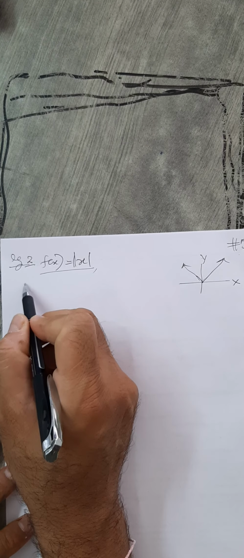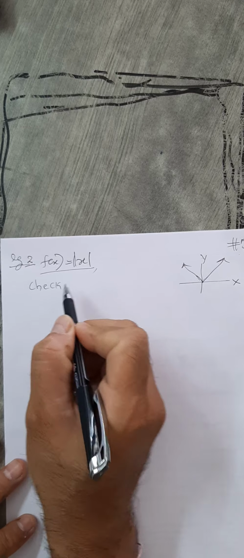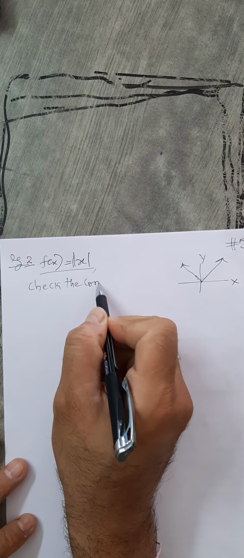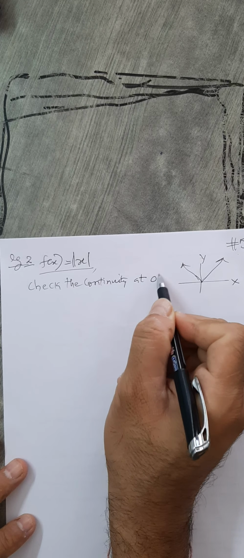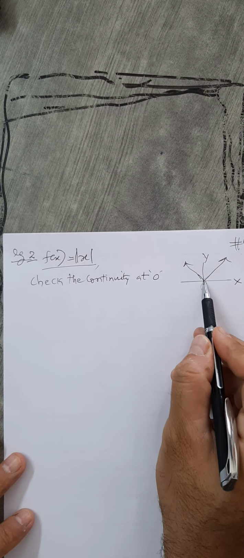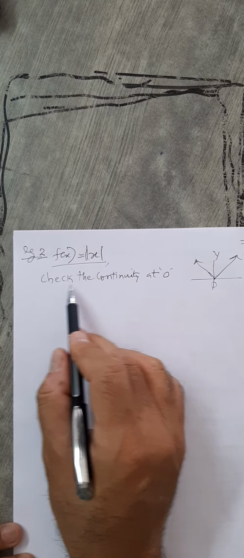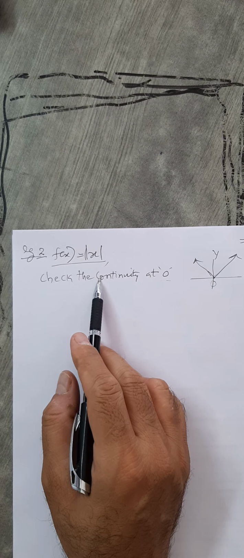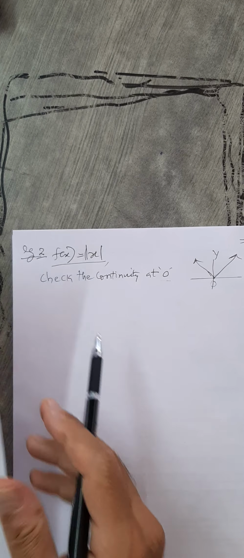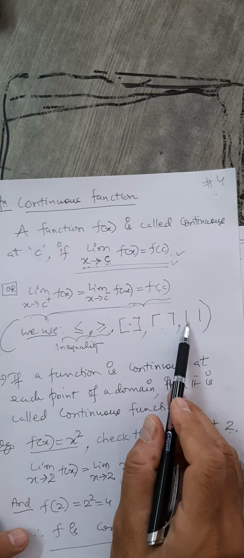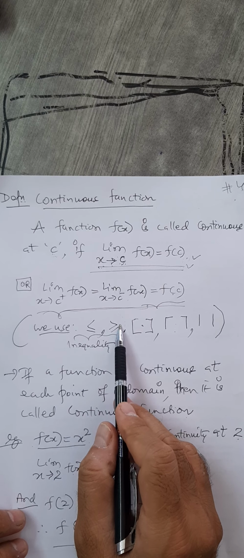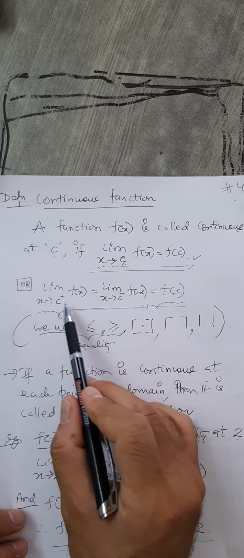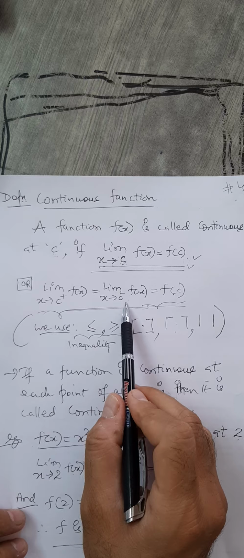For this, check the continuity at, let's say, 0. At 0 there is no break, so it would obviously be continuous. Now if you recall, when you have a modulus function, ceiling function, box function or inequality in the definition, then we use the right and left limits to check the limit and finally the continuity.